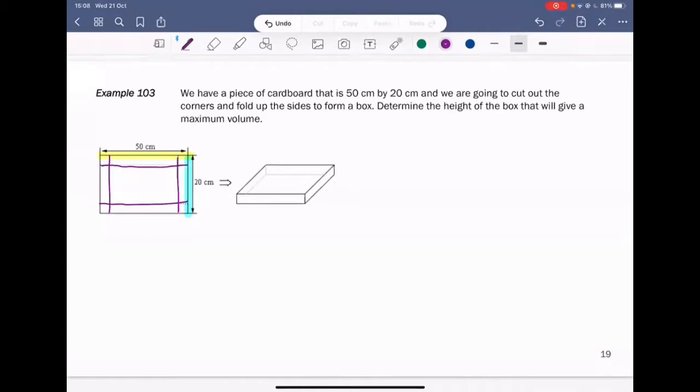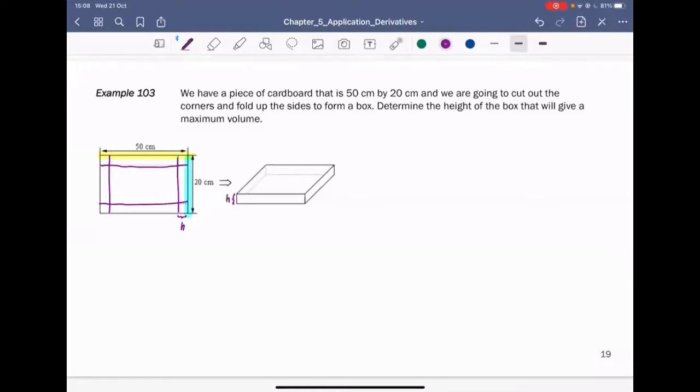The idea is we let the length of the corner that we cut out be h, because this is going to be our height at the end. So when we cut the corner with length h, at the end when we fold it up, this is going to be our h.